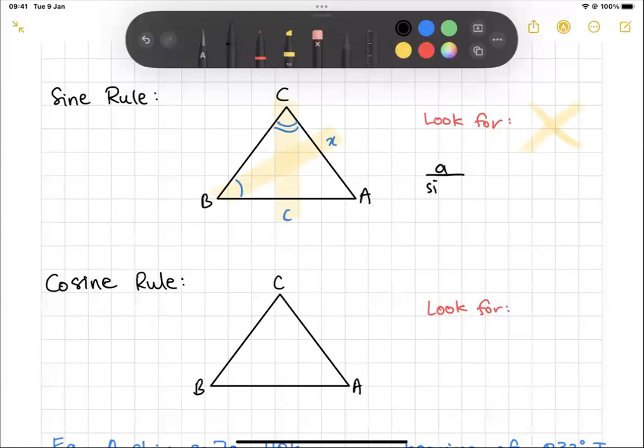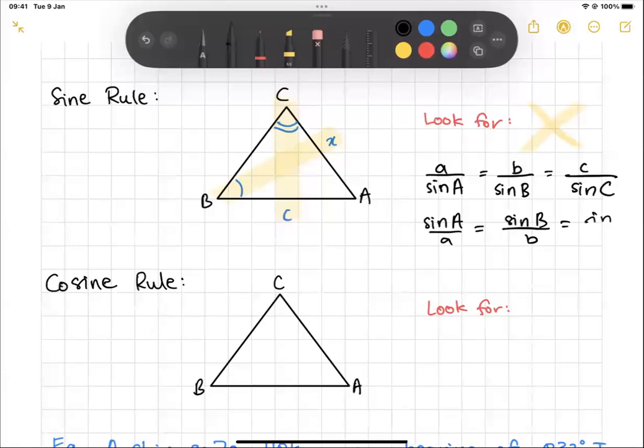A over sine A equals B over sine B equals C over sine C. Depending on what we're going to find, we either flip it to make it sine A over A equals sine B over B equals sine C over C, depending on whether we're trying to find a side or an angle.